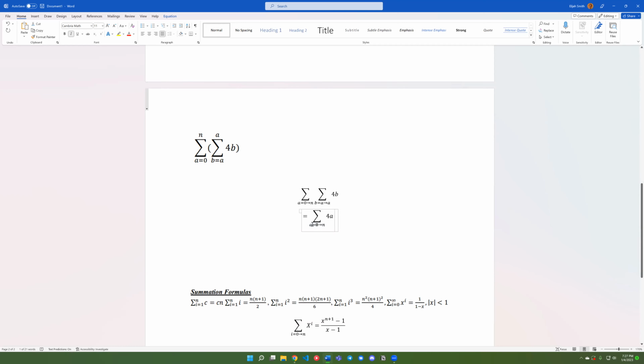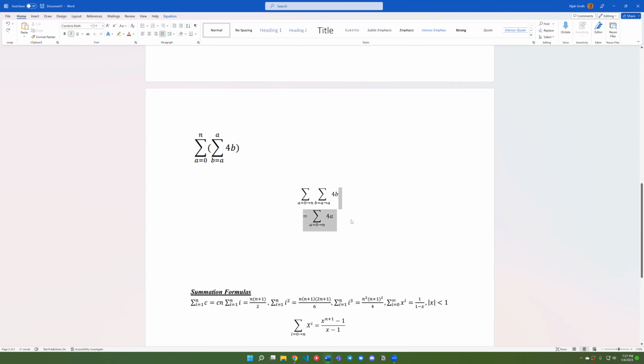We need to go ahead and adjust our summation so that it starts at 1. And the way we can do this is we can take the case of where A is 0 and just add it out in front. So when A is 0 here, we're adding 4 times 0, which is 0. So this doesn't actually affect anything.